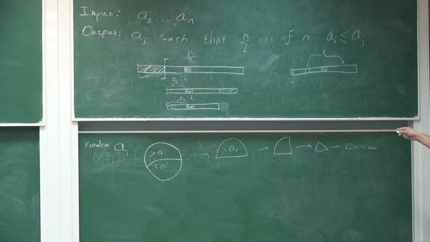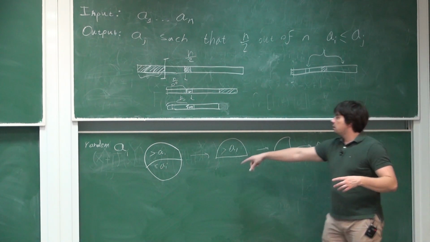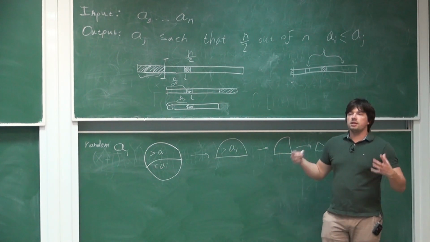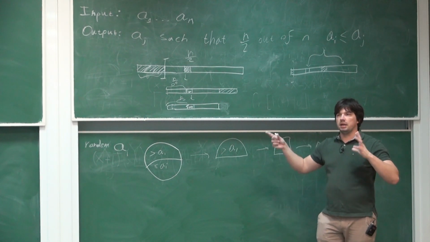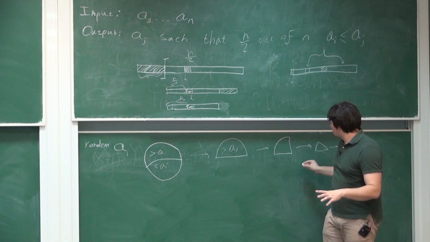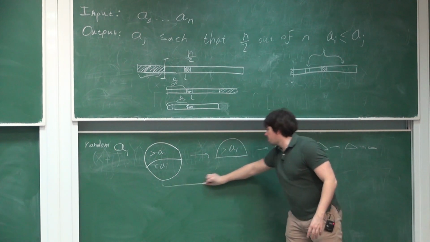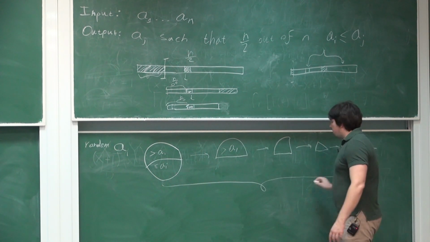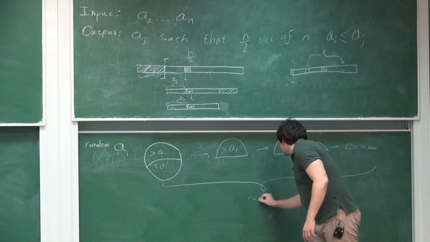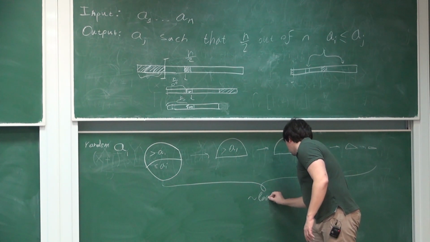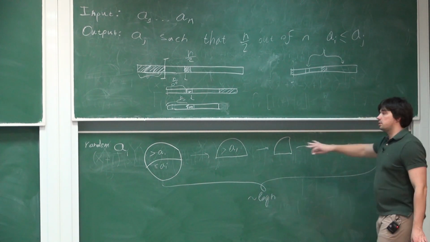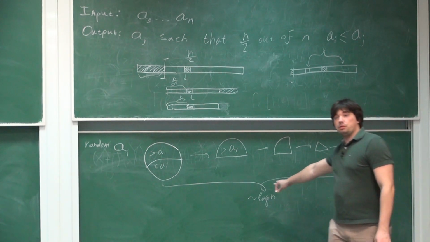Each step, you lose a portion every time, so you can expect that the number of rounds would be proportional to log n.